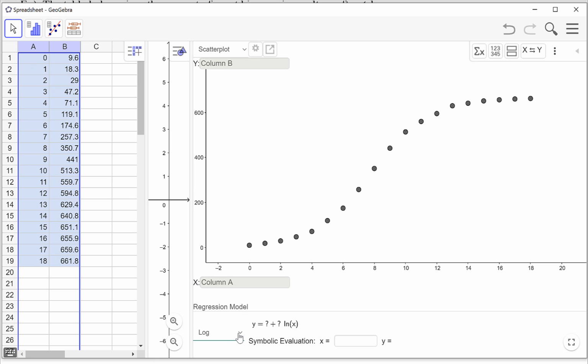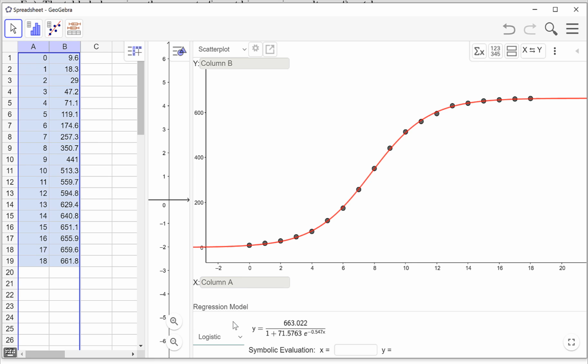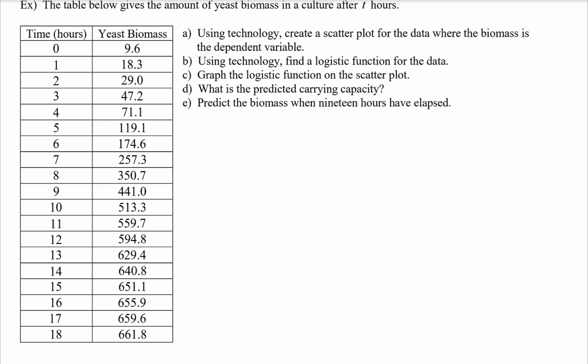So let's come down to our model and pick logistic. Fairly straightforward. Goes right through those dots. Maybe not perfectly, but pretty close. And then we've got our model down there for us. So let's go answer some questions, see what we're asked to find out. That's part A. That's done in GeoGebra.